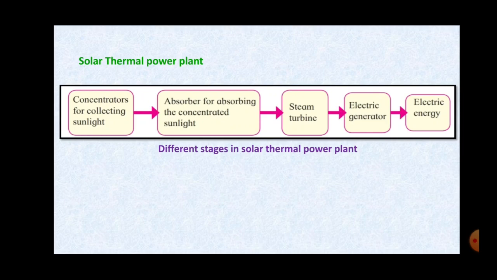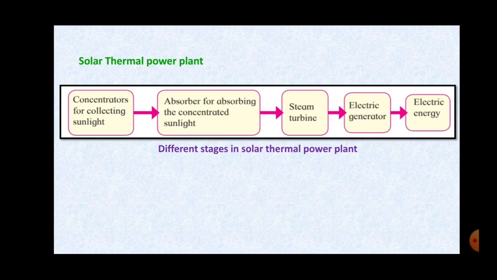Now this plant is almost same as the earlier ones where we had studied that the thermal energy is generated from the coal, from the nuclear fuel, from the natural gas, and then it is used to generate electricity. So from solar radiation also the thermal energy is generated and then it is used to generate the electricity.